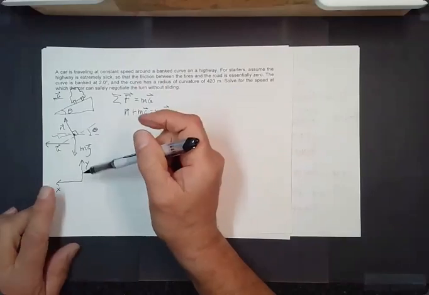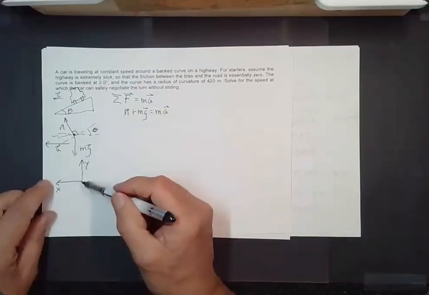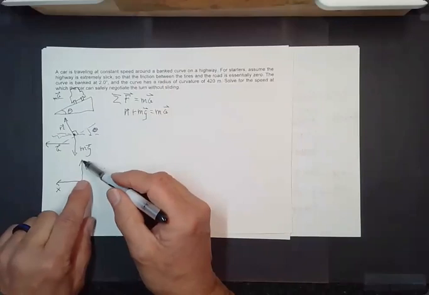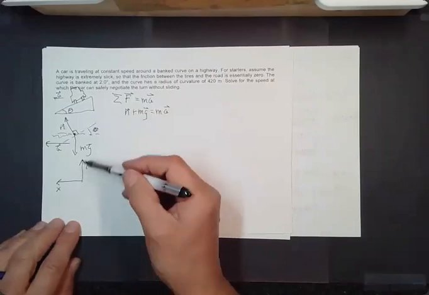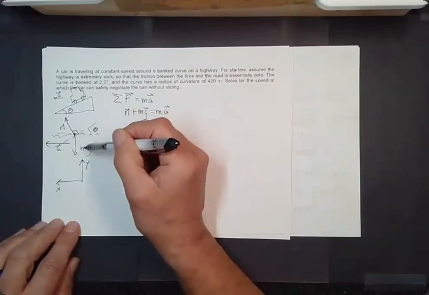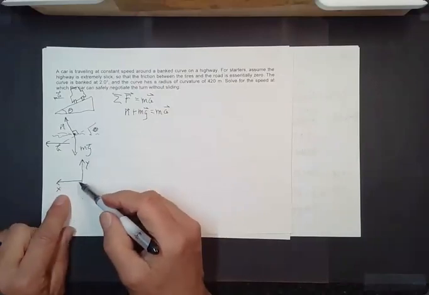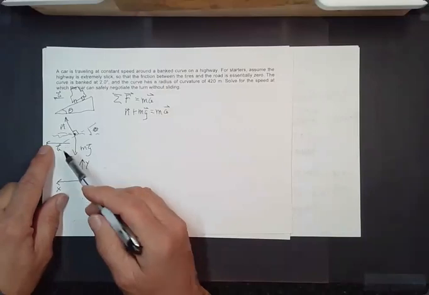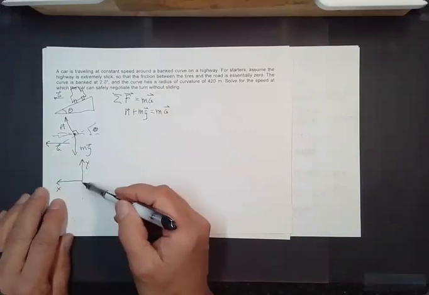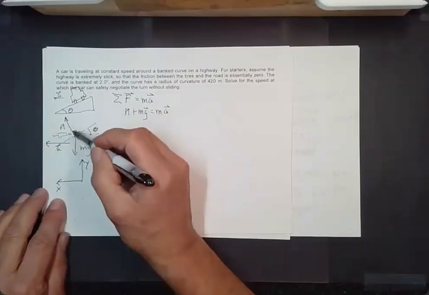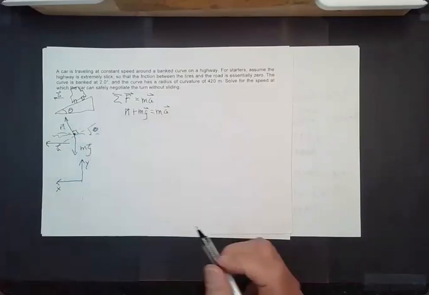And if I have X going this way and Y going this way, I won't have to calculate components for mg because it's in the minus Y direction. I won't have to calculate components for ma because it's that way. And I will have to calculate components for N.